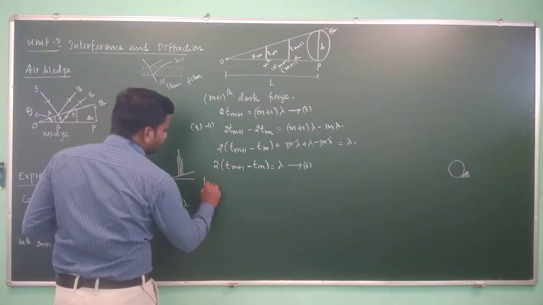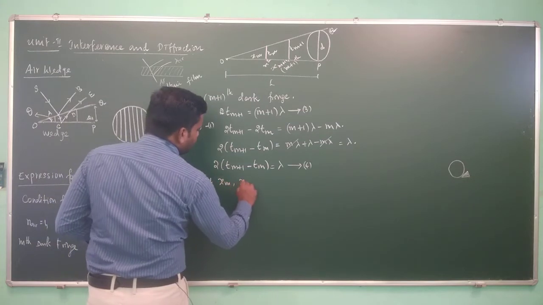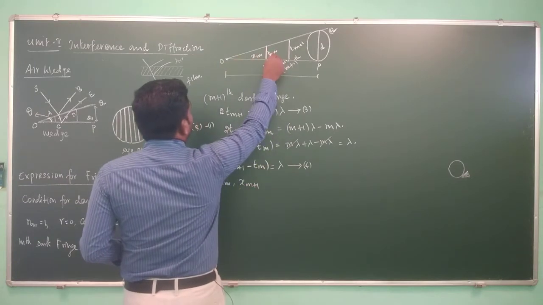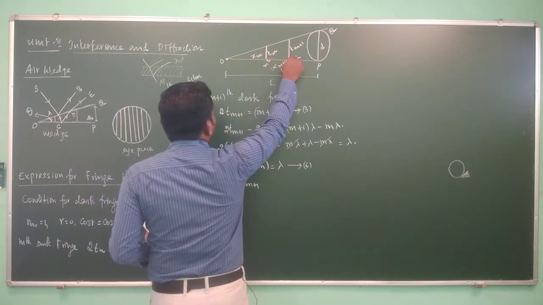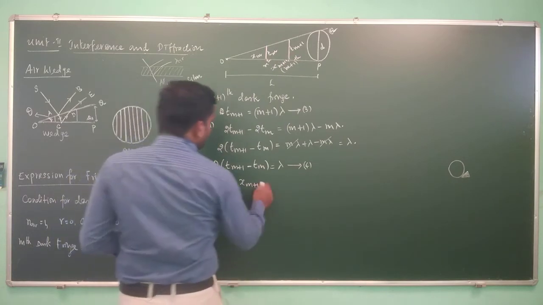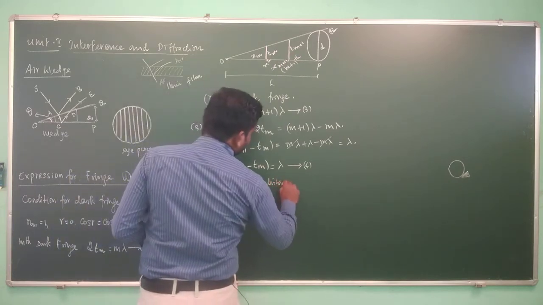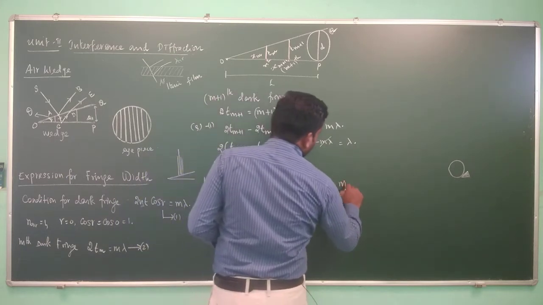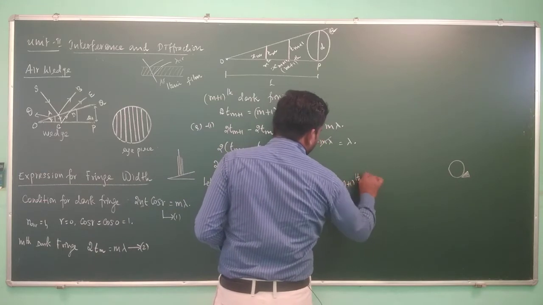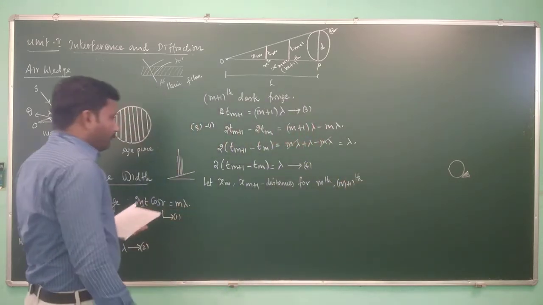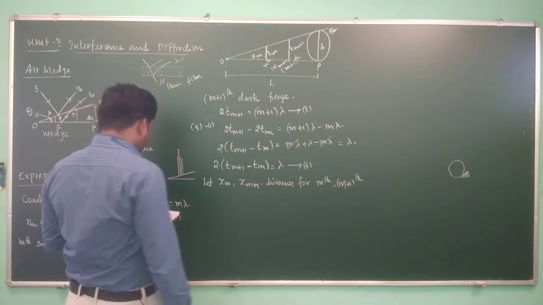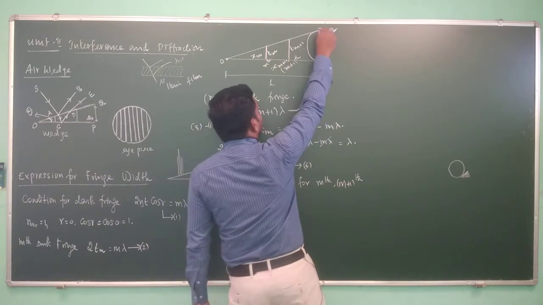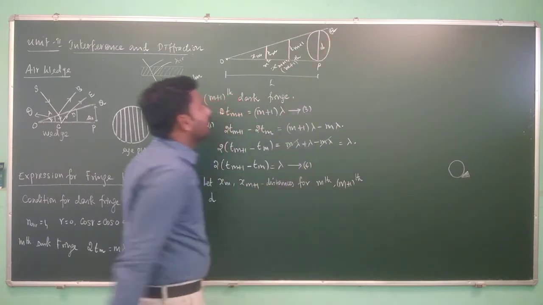Now let xm and xm plus 1, that we have already said, be the distance for the mth and m plus 1th fringe from O. And then D is, we have said, we have placed some circular material here as a support.